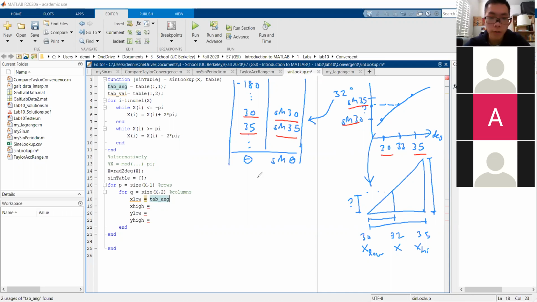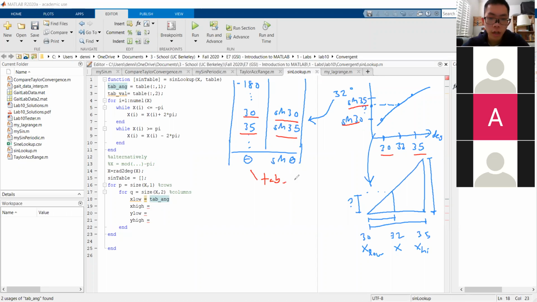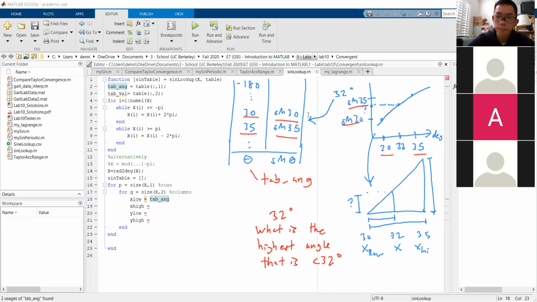If I gave you this tab underscore angle, and I wanted you to locate where this 30 was. So the condition we want to use is this. We're given 32. What is the highest angle that is less than 32? How do we code that?